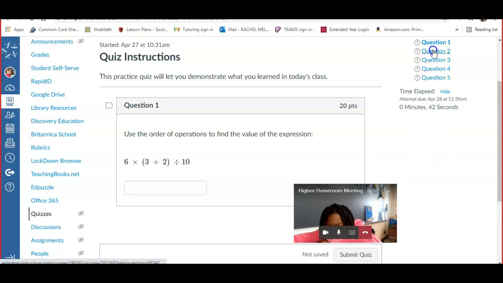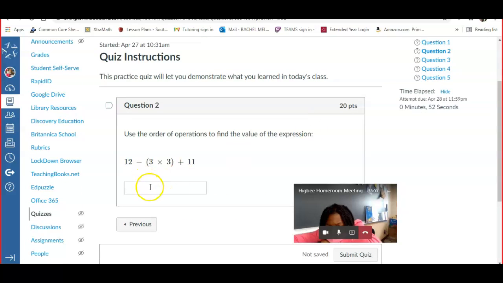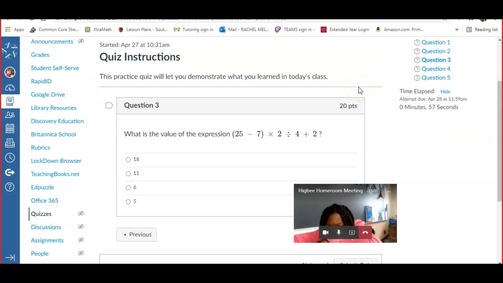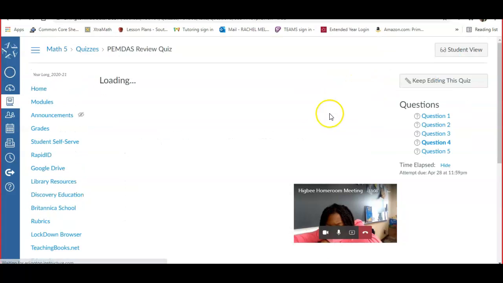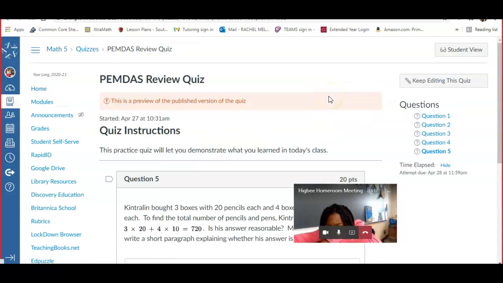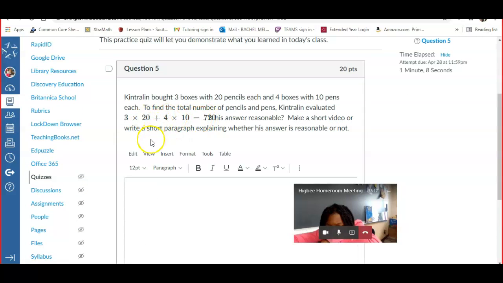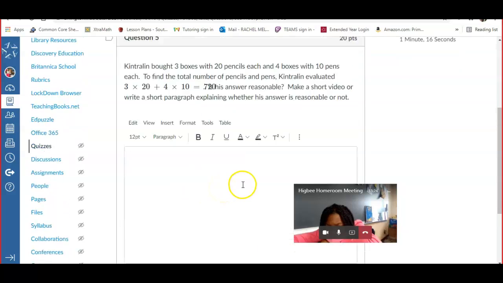For the first 2 questions, you just have to use PEMDAS and give me your numerical answer. Your third question is multiple choice, and so is your fourth. For your 5th question, you're going to do your problem on your paper, and then make a video and explain it to me. Any questions?